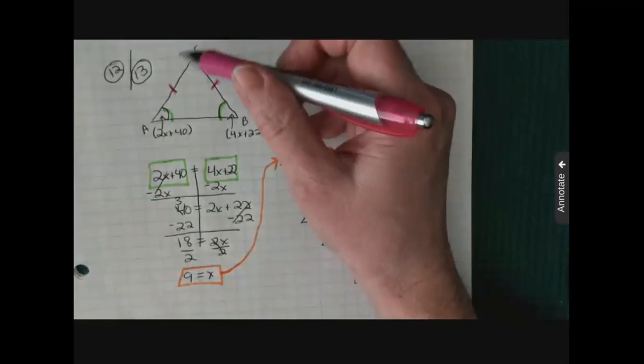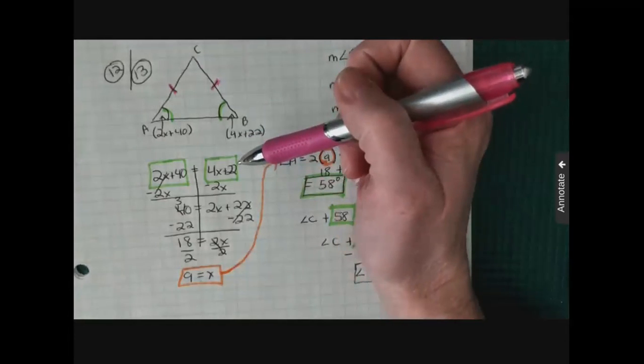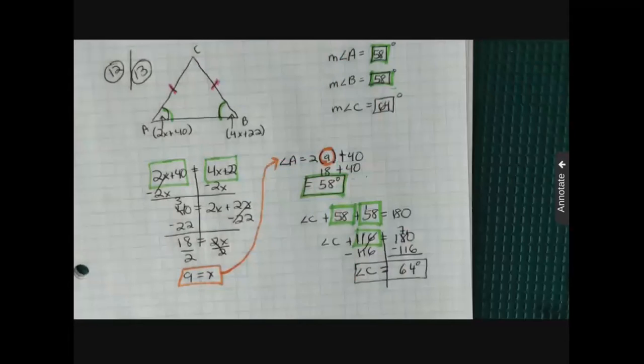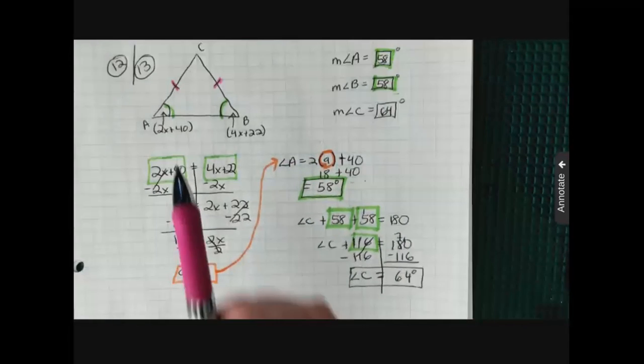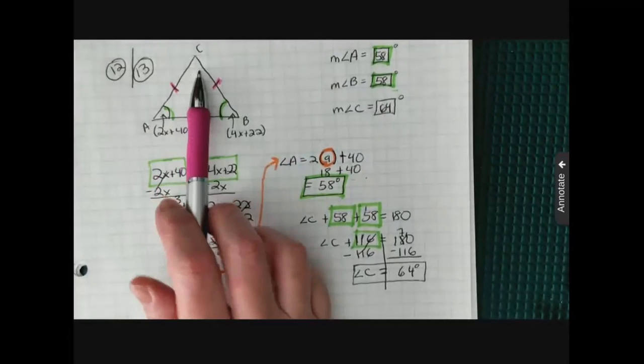They give the expressions 2x plus 40 and 4x plus 22. Is it the same math? Well, you would double this one up and add it to this one to equal 180.